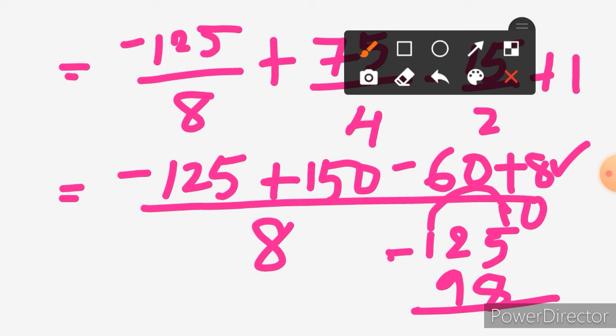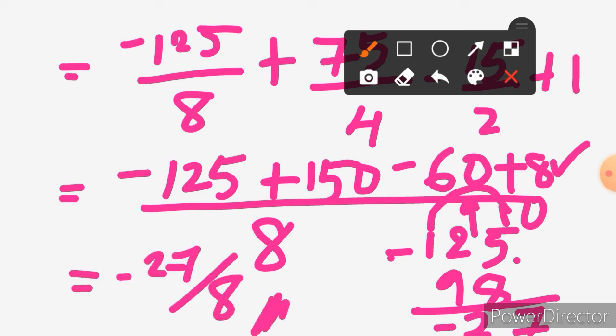So it will be 15. 15 minus 8 is 7. And here, 9. So 9 plus 2 is 11. 11 minus 9 is 2. So I'll get minus 27 by 8. Did you see how I got the solution here?